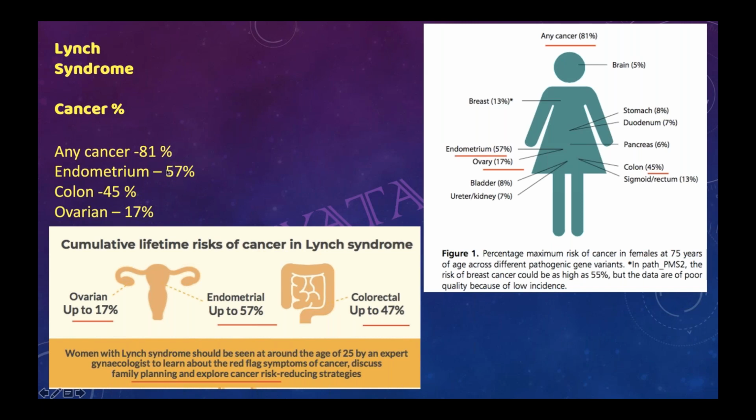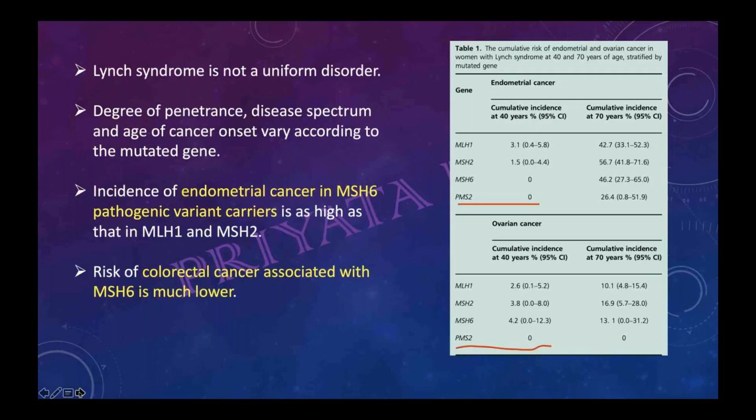I have put these numbers in decreasing order. So you have to remember this, part 2 people, this question can come from here, but these percentages are important. Okay, so endometrium 57, colon 45, and ovarian 17. So these are really important numbers to remember.